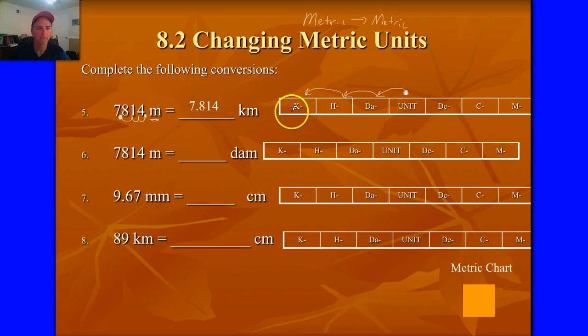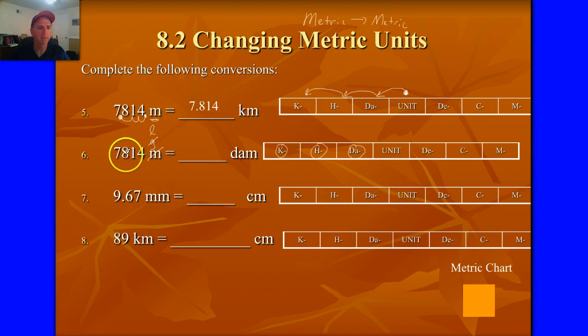Okay. Let's try it on this one. Let me emphasize again that it doesn't matter if these labels are meters, grams, or liters. These are just prefixes attached to the particular unit of measure, so the fact that we're doing meters is irrelevant. I'm teaching you all of them at once, whether it's volume, capacity, or distance.